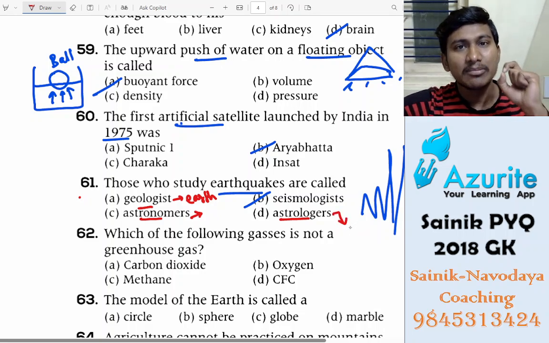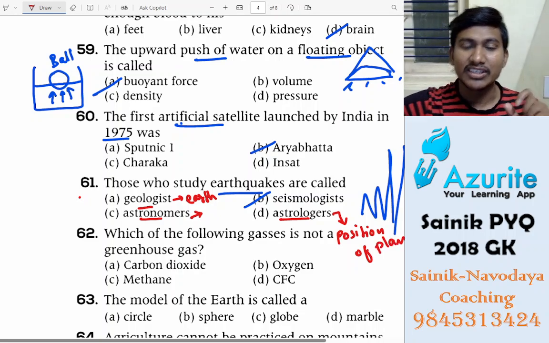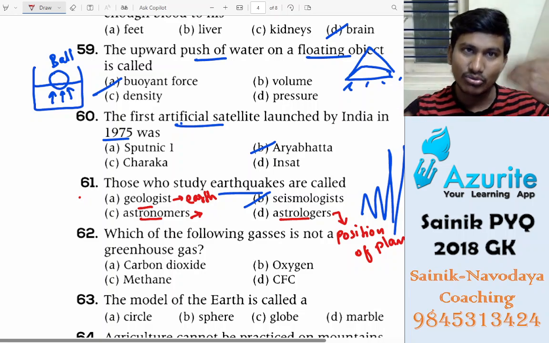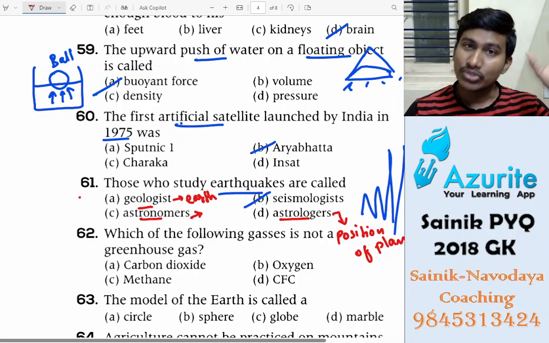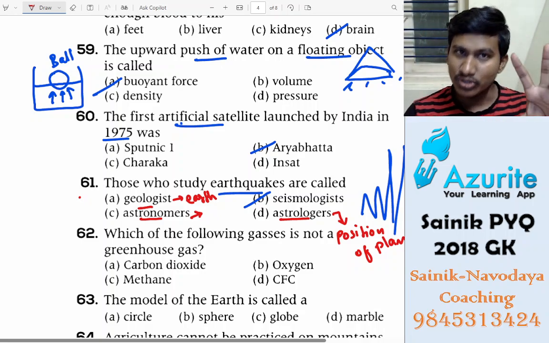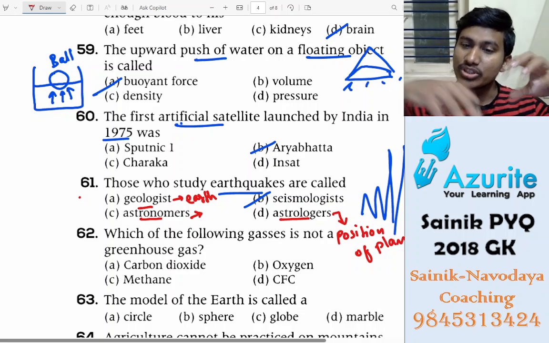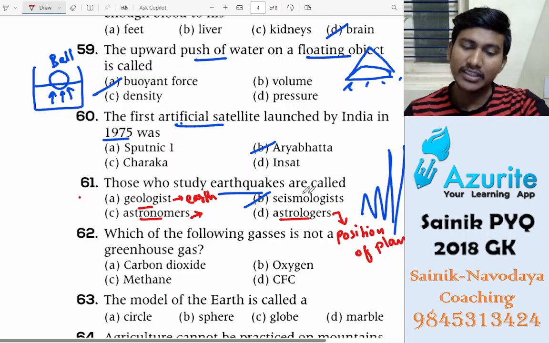Astrologer studies the position of the planets. You may have seen, they will see the bhavishya, that is bhavishyavani, or what will happen next. So they see what is the position, they will tell like Shani, Shukra, they will tell like that, right? So they study the position of the planets and tell it. Okay, understand?